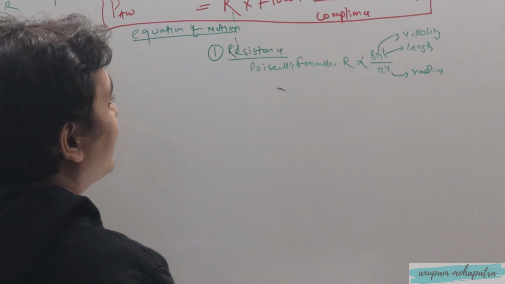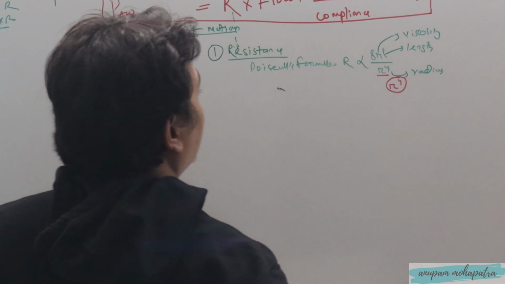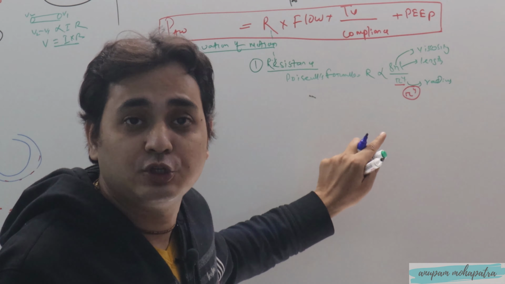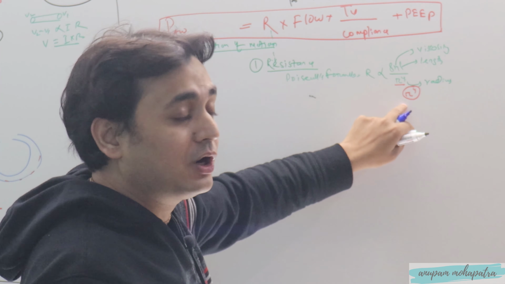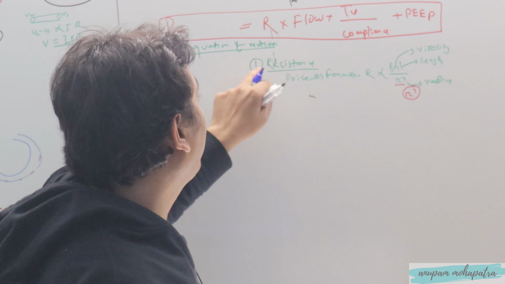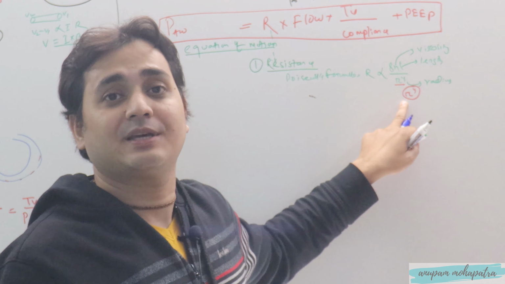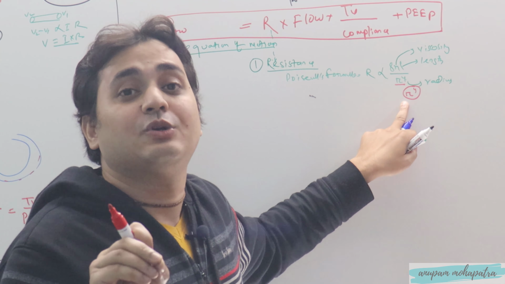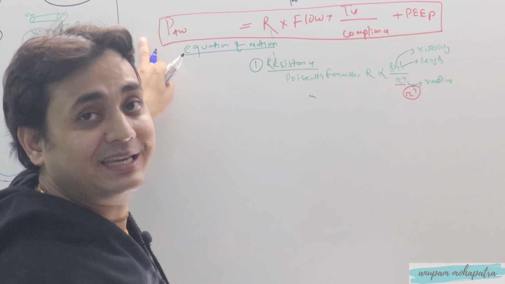The striking feature is that radius is to the power 4. So if you have chosen a small size of tube, even 1 centimeter small, it will increase the resistance 4-fold. So we have to be very careful while selecting the tube size. Never choose a smaller size of tube because it will increase the resistance 4-fold and increase the peak airway pressure.